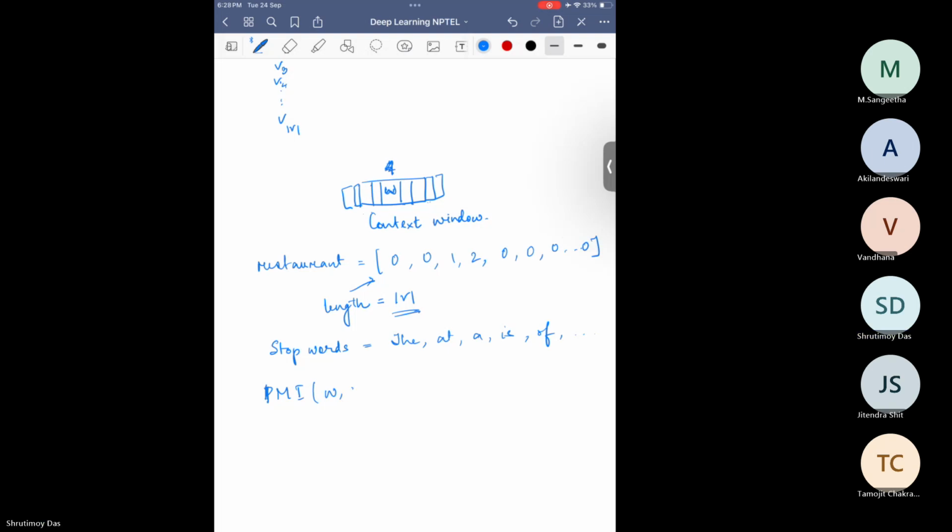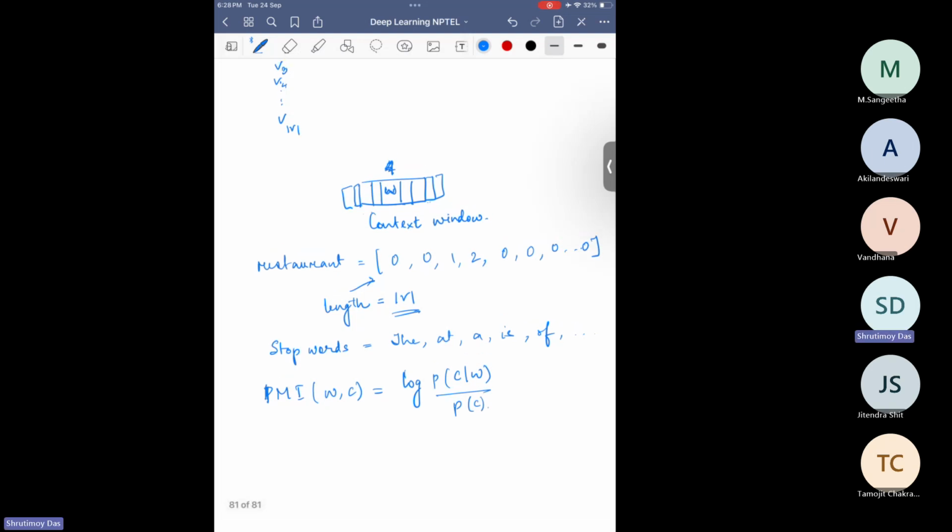If you look at the slides, I think in slide number 11 they have given the formula. This is basically the log of the probability of context given word, over the probability of context, right?